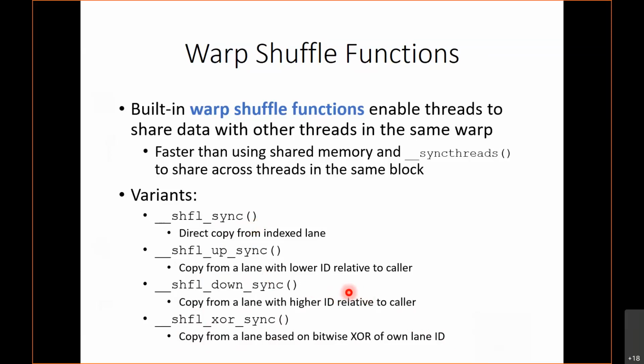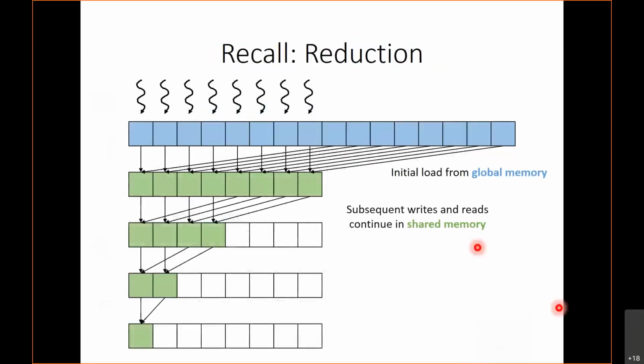Now with histogram, all the threads were atomically incrementing the same value. That's not what I'm looking for. I'm looking for one of the patterns where different threads produce a value, and later some of them read it. What did you say? Is it scan? A scan, right? Scan, exactly. So scan and reduction. Reduction is a simpler version of scan. So you're absolutely right. Reduction or scan.